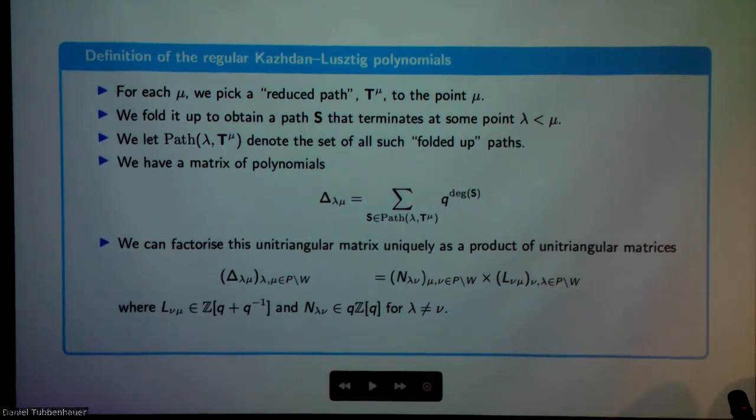So an arbitrary matrix, if you like, can be written as q to the naturals times something in z, q plus q inverse.